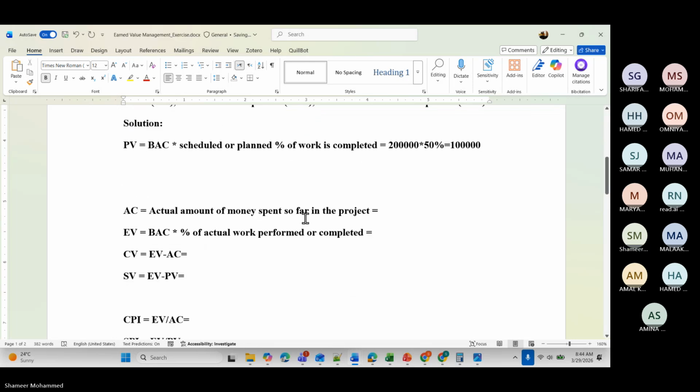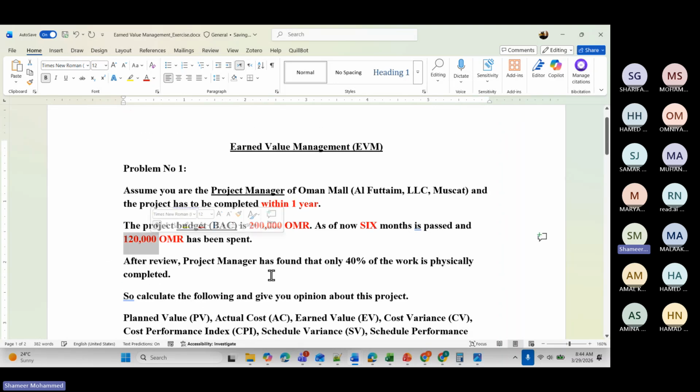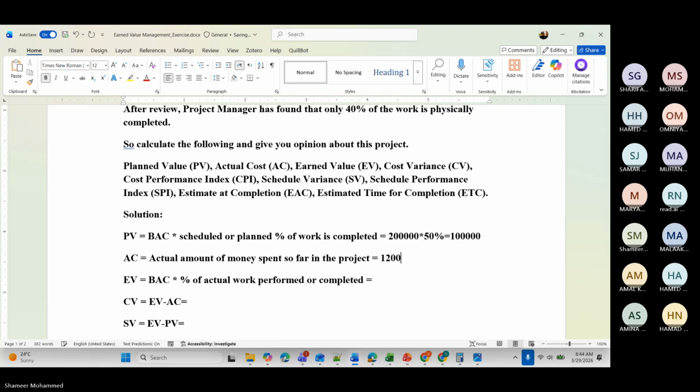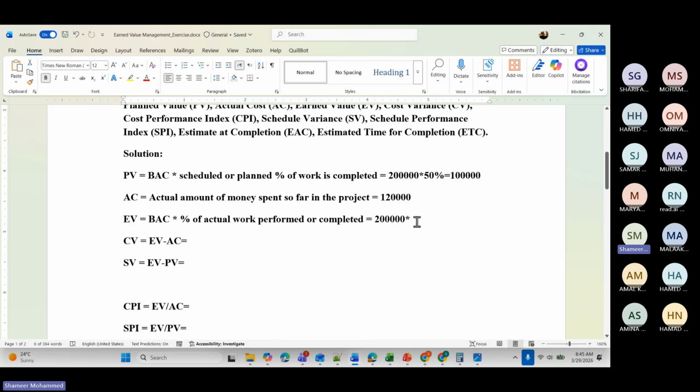Next, what is the actual cost of the project? That is the actual amount spent so far. So far you have spent 120,000. Now calculate the earned value. Budget at completion multiplied by the actual amount of work you have completed. The project manager found that you have completed 40% of work.